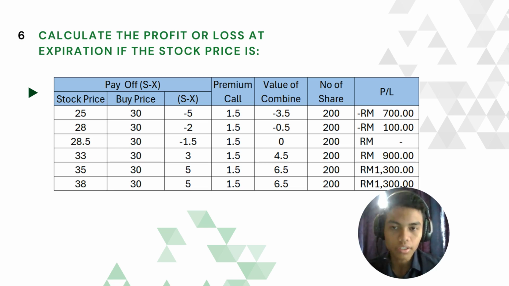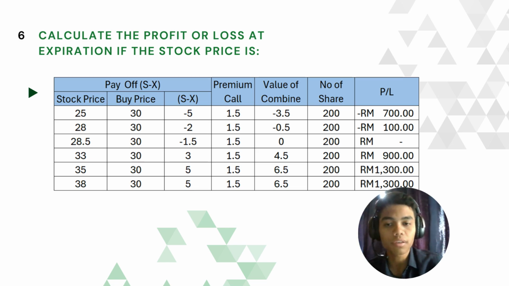In a normal transaction, if the price is 25, we take 30 minus 25, and we get a loss of 5. But because we used this strategy, we received the call premium as a benefit of 1.5 ringgit. So 1.5 ringgit plus the negative 5, we get an actual loss of 3.5, not 5. Multiplying 3.5 by 200, the actual loss is 700 ringgit.